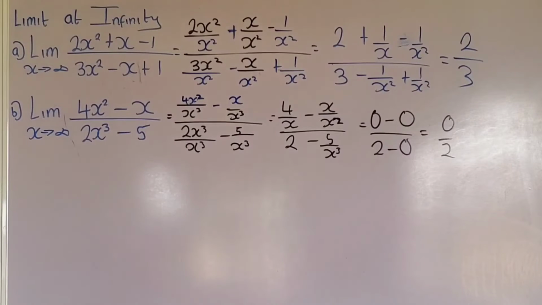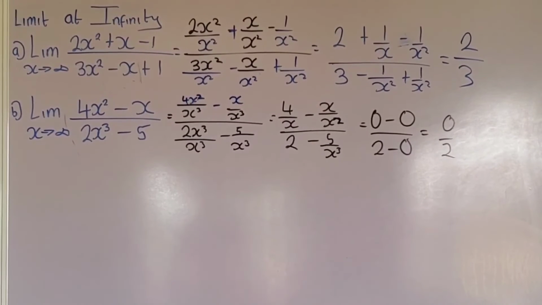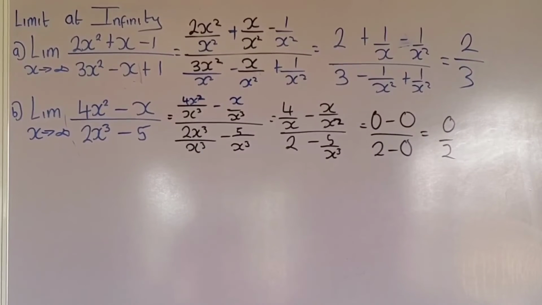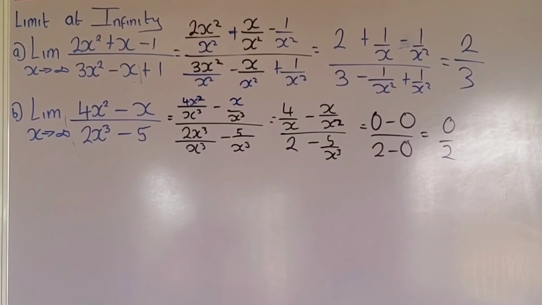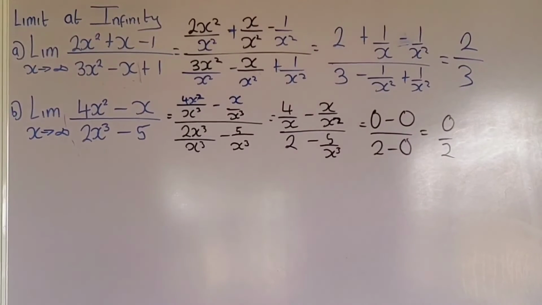Listen to the explanation again. If you are taking the limit of a function to infinity, infinity is not an actual value, so we have to manipulate the function. Another method of dealing with questions on limits is that you divide the function by the highest power of x at the denominator.